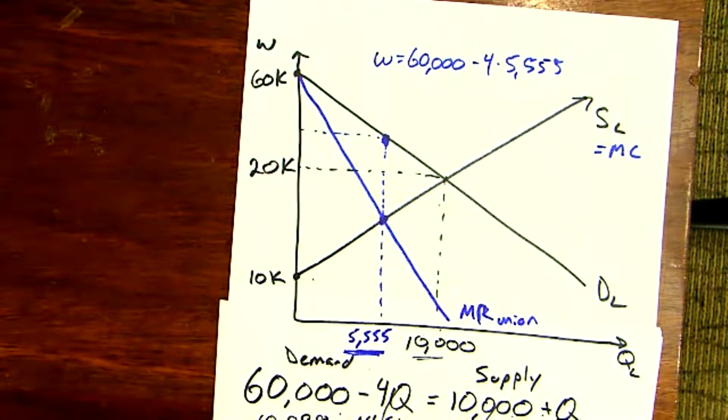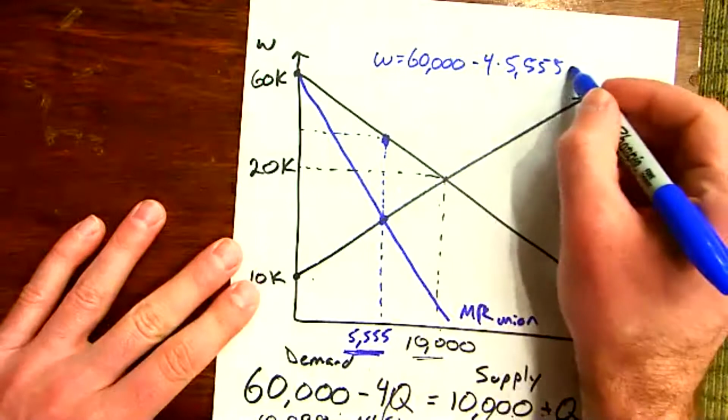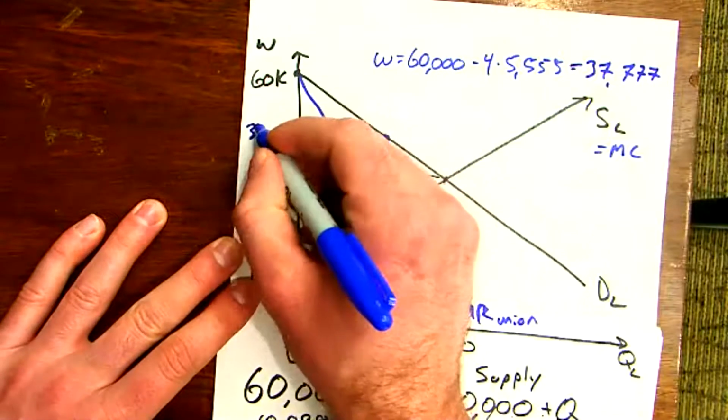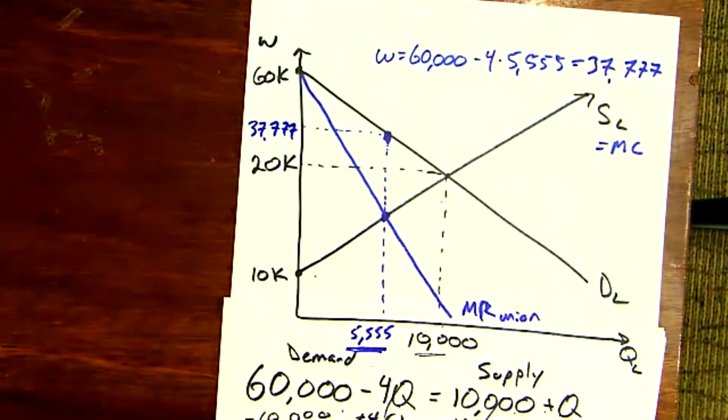If I do that, it's going to be what, like 57 something or 47 something? 37,777, right? So if we compute this, we get 37,777, which is our wage right here. Okay.